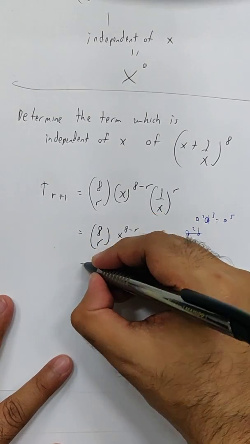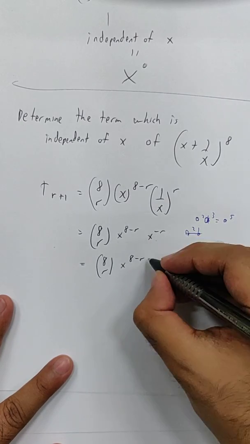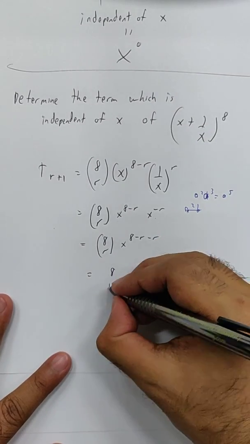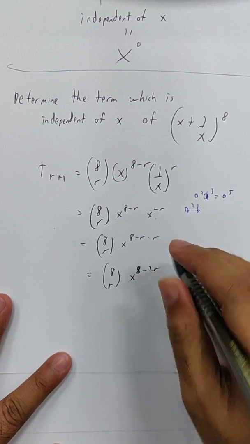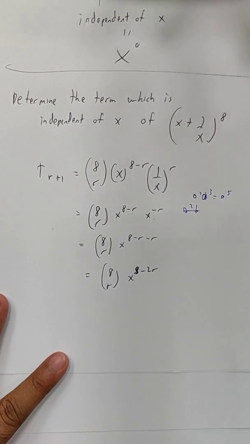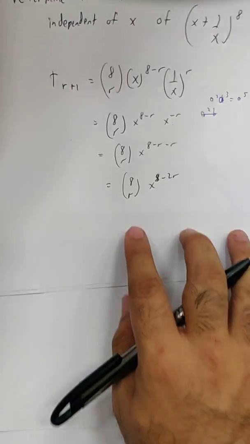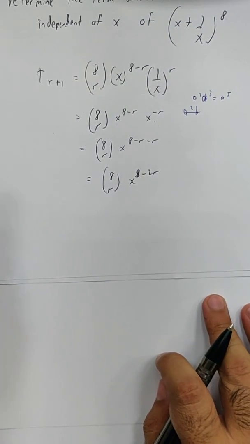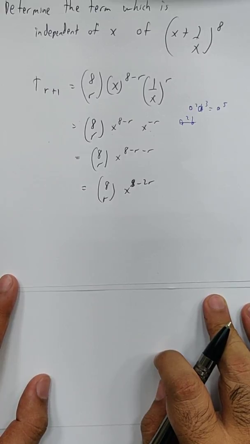So in this case you should add the powers: x^(8-r) times x^(-r), which is going to give you 8Cr x^(8-2r). Do we get the same here? 8Cr x^(8-2r). Do you want me to explain? You guys okay? If you want me to explain, please raise your hand.